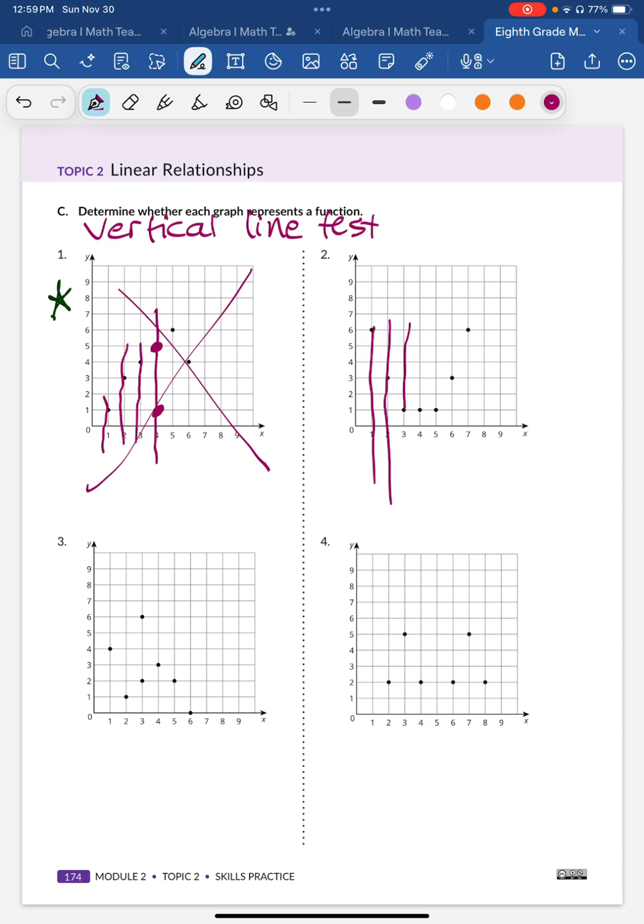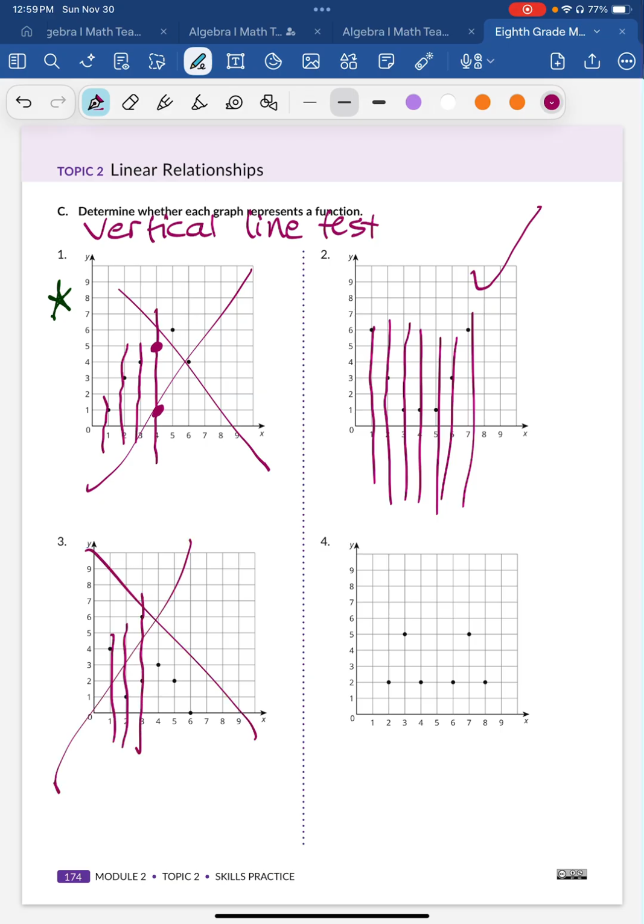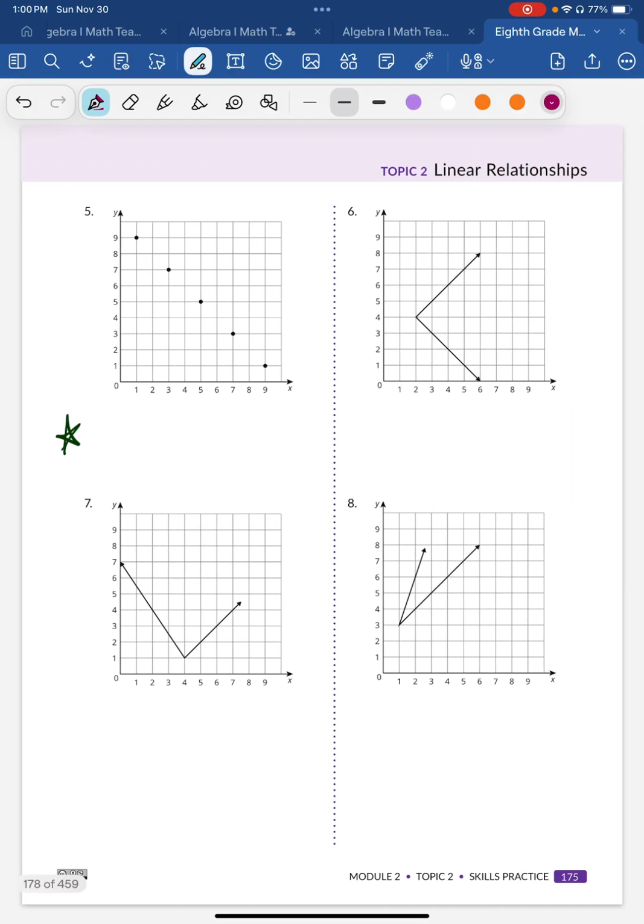1 point, 1 point, 1, 1, 1, 1. That's a function. 1, 1, uh-oh, 2, not a function. 1, 1, 1, 1, 1, 1, function. And then 1, 1, 1, 1, 1, function.